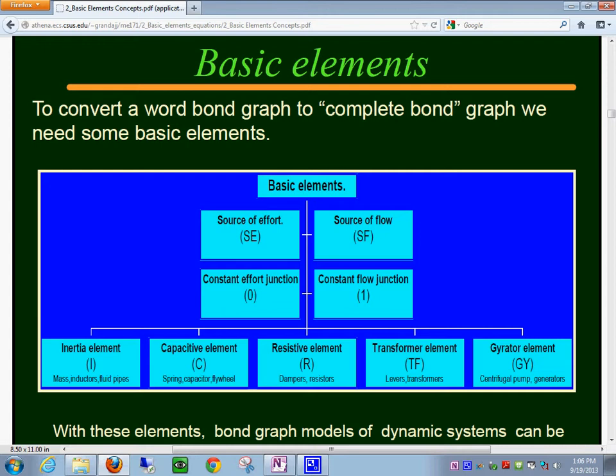And that is the case of the first two-port element called the transformer element. And the second element is called a gyrator element. In the transformer case, it's like the sprocket. One velocity goes into another.